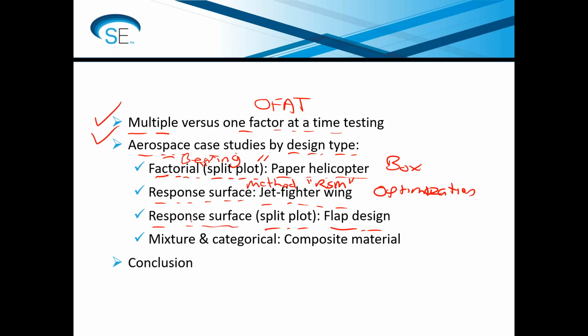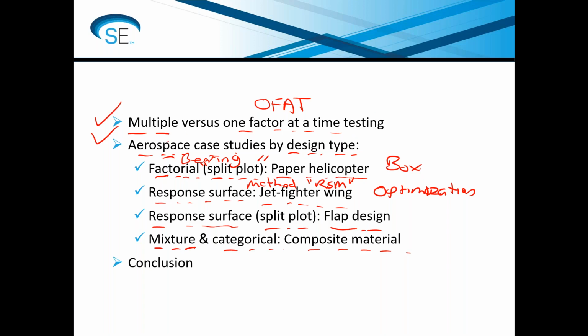But it works really well to apply these tools of design of experiments to derive the transfer function or model from your process. And then finally, we've got one case study that involves mixture design and also combining with categorical levels on a composite material. So those are the main tools that we're going to cover.